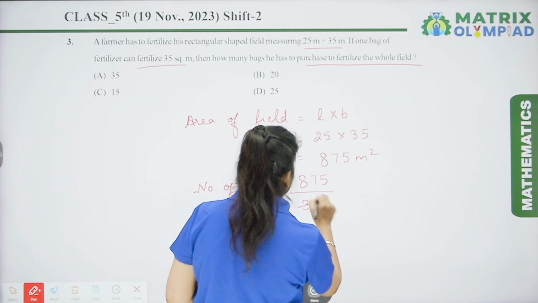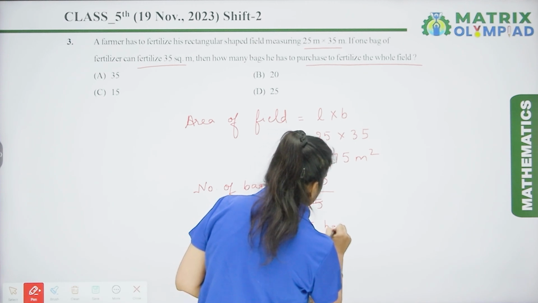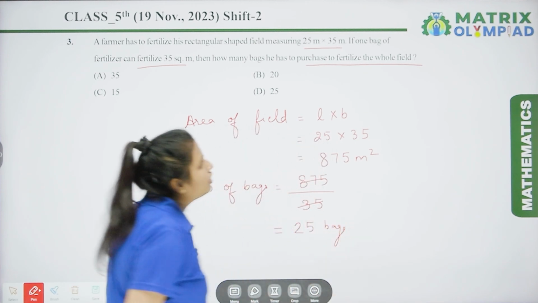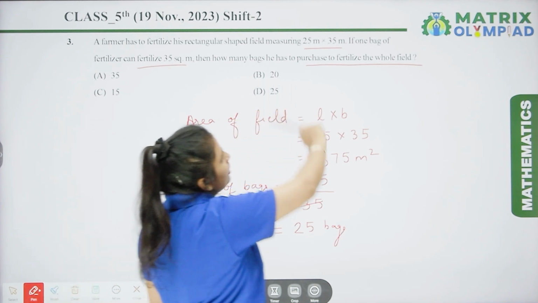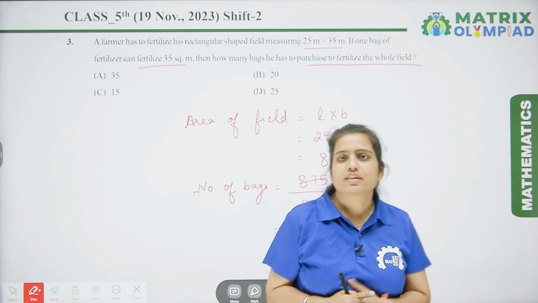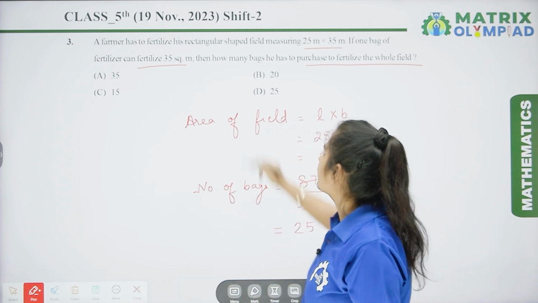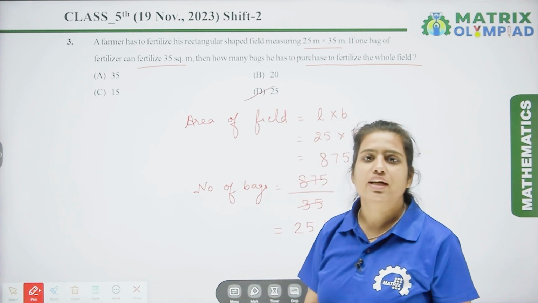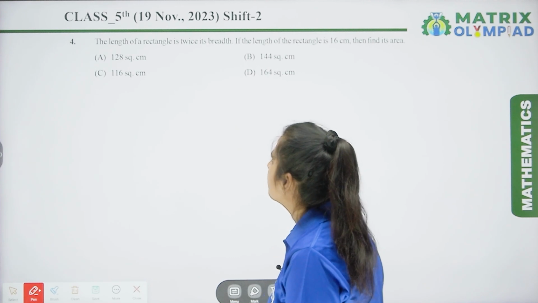So after cancellation we get 25 bags. So the farmer required 25 bags to fertilize the whole field. So according to the question, we can say that option D is the correct answer. Now the next question, that is question number 4.